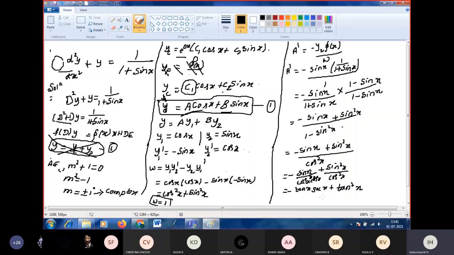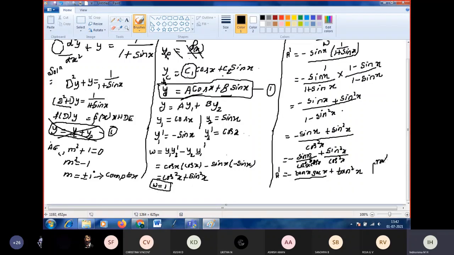Integrating on both sides, we obtain integration of a dash is a, which is minus integration of tan x into secant x into dx plus integration of tan square x into dx plus K1, the integrating constant.